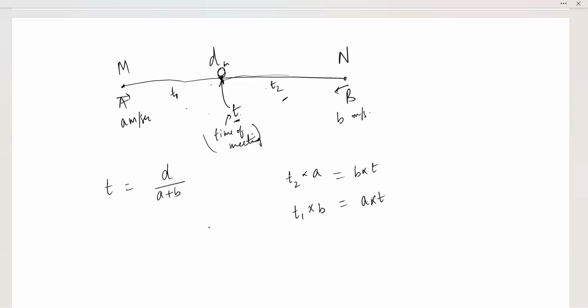Now, from each of the equations, from here we get A by B is equal to T by T2, and from here we get A by B is equal to T1 by T.